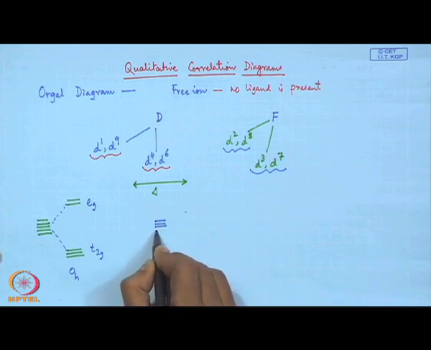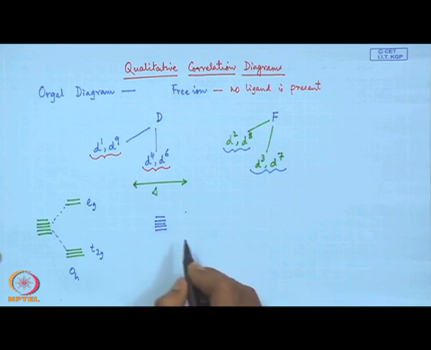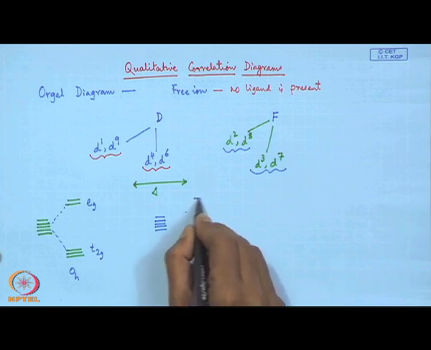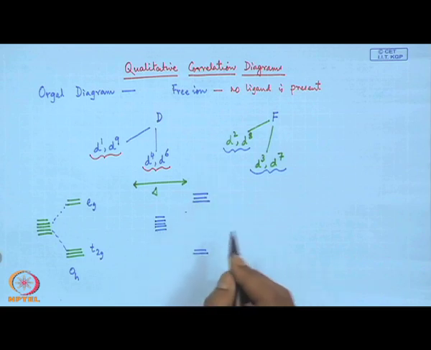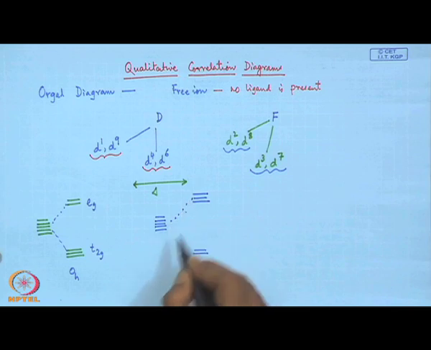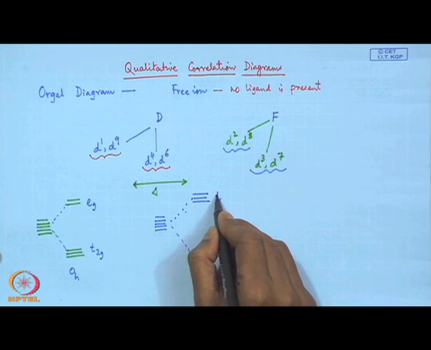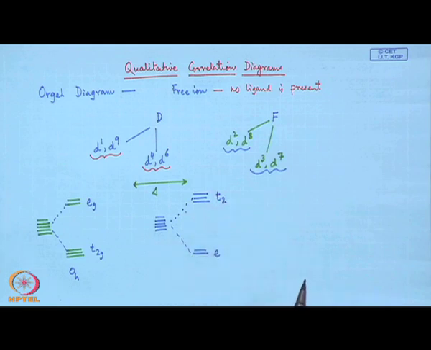If we go from an octahedral field to a tetrahedral field, we see that the splitting is opposite. We will have the E set as the ground state and the T2 set as the excited state.